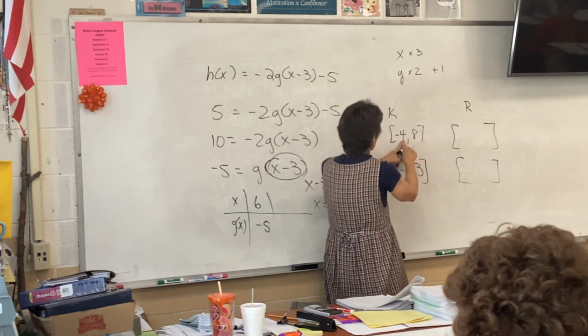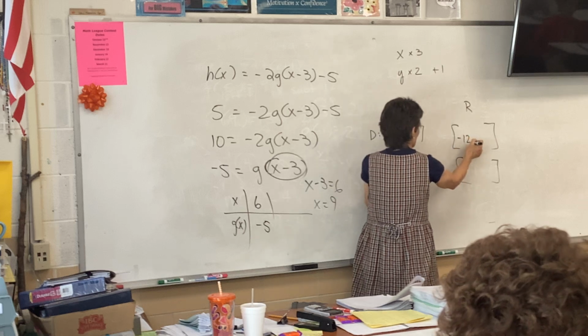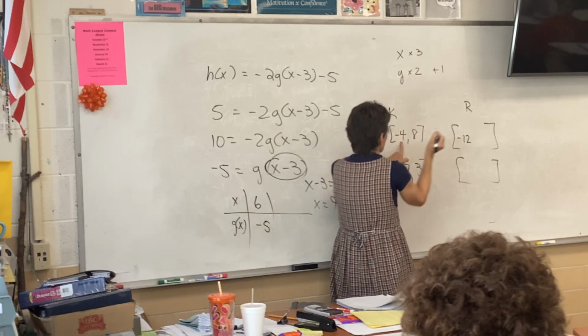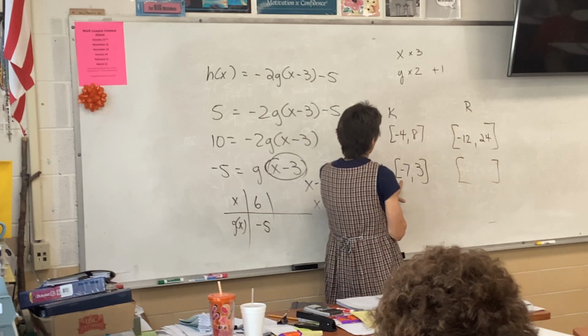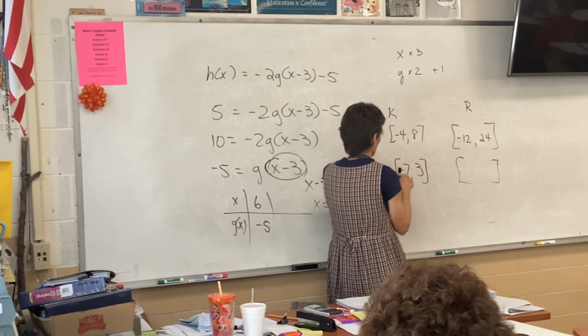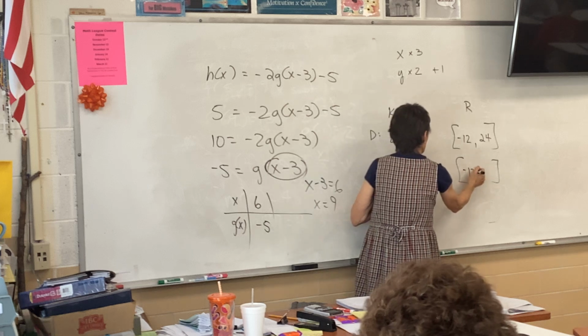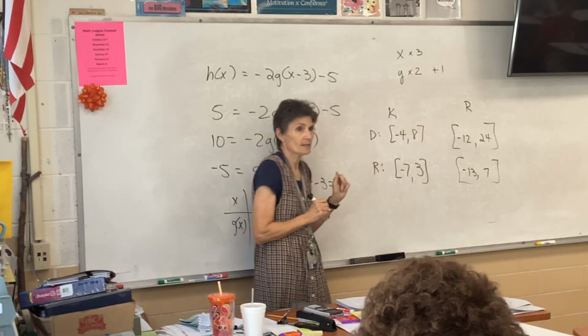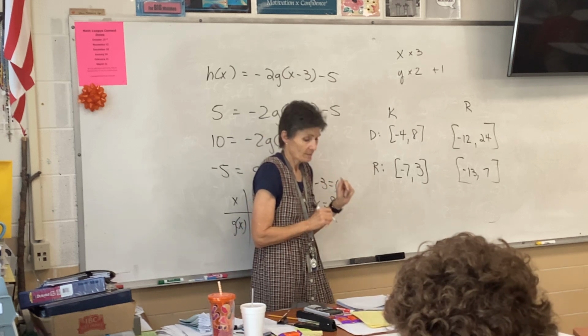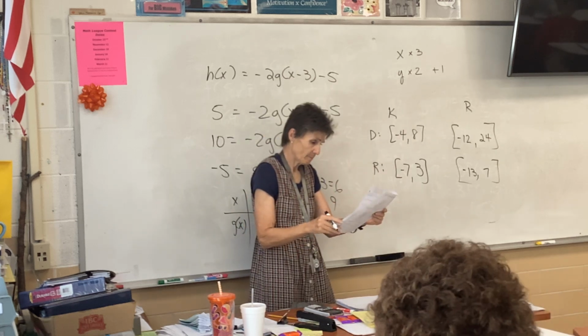So if we're taking our x's times 3, would you say negative 12 and 24? And our y's are being doubled and add 1, so negative 13 and 7. Does that look okay? Yeah, that wasn't very hard, all right.